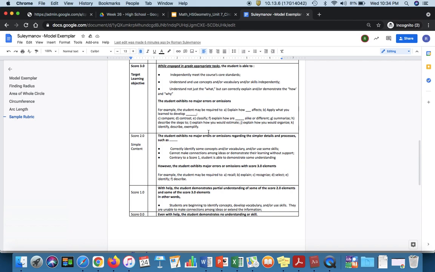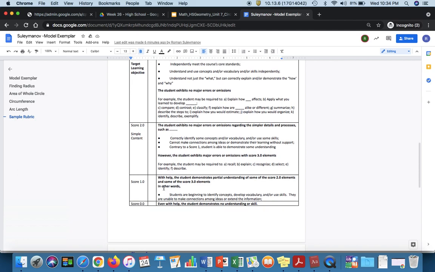And then contrary to a score of 1, a student is able to demonstrate some understanding, whereas a 1 would be, with help, the student can demonstrate partial understanding of some of the 2.0 elements and some of the 3.0 elements. So a 0 is, even with help, a student cannot demonstrate understanding or skill.